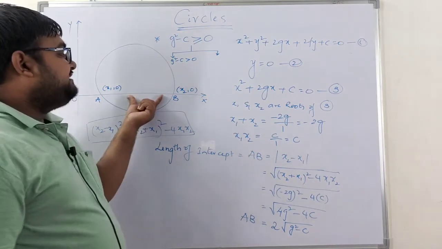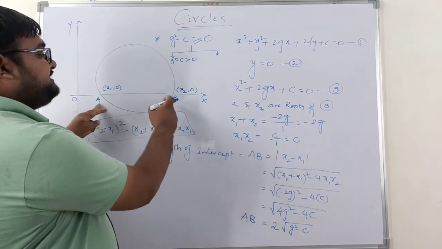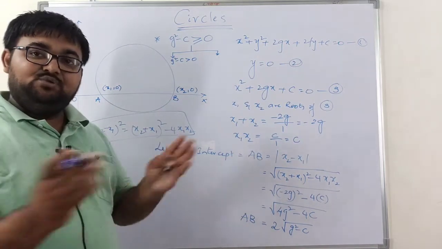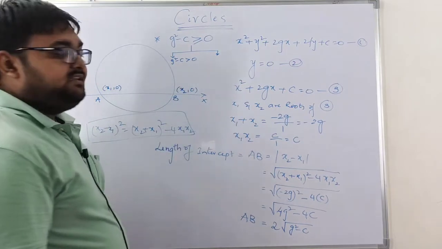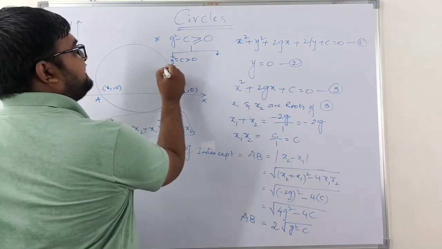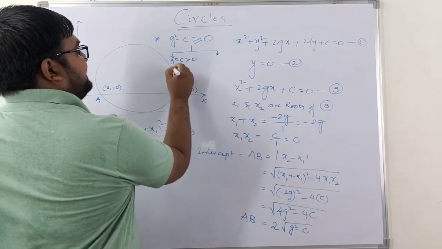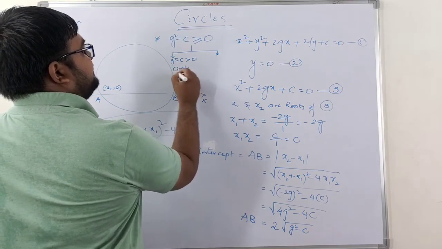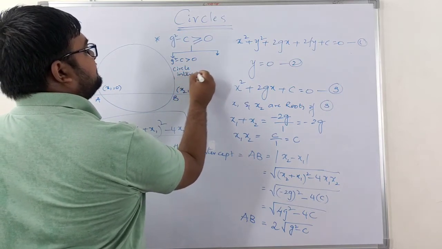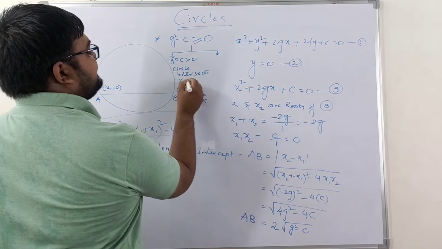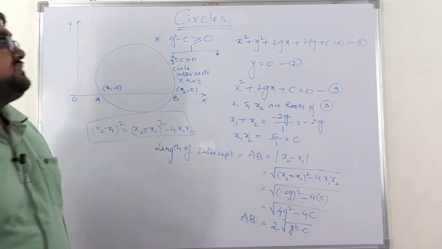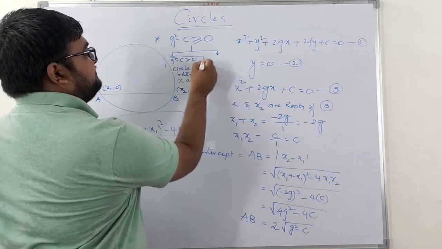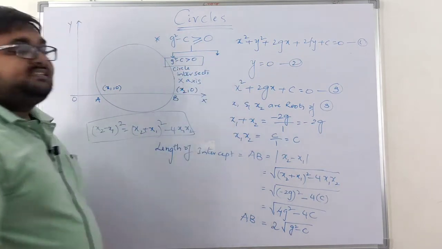Whenever I get some distance, that means these points A and B are two distinct points. So if g square minus c is greater than 0, I can say the circle intersects the x axis.